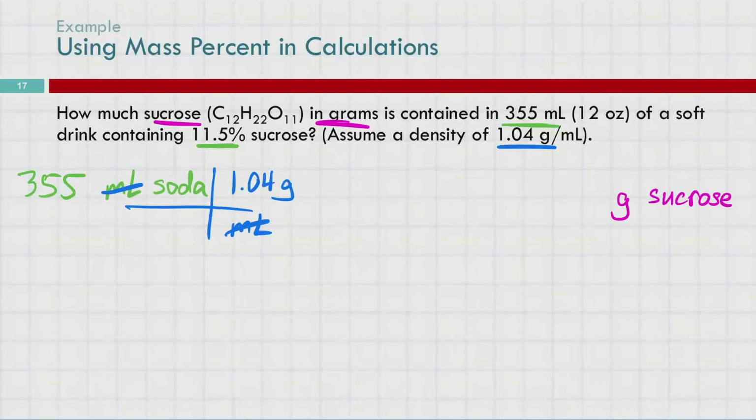So we'd get grams of soda. We'll go ahead and just get that number. 369.2 grams of soda. The soda is the solution. Maybe it's a solution to being thirsty, but that's probably all it is. So 369.2 grams.